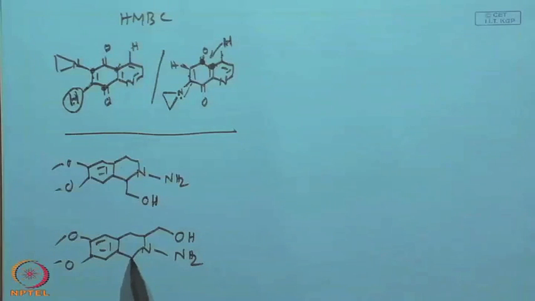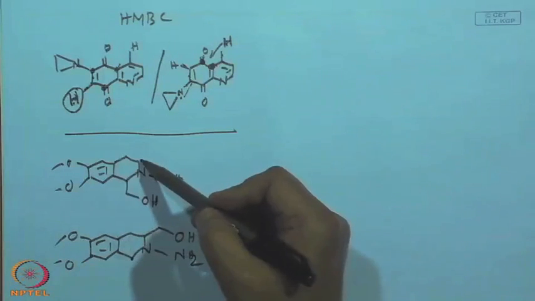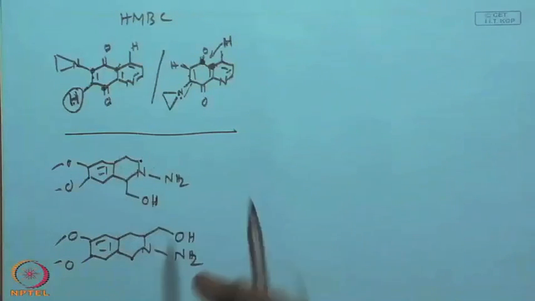Number of benzenic protons here: 2, here also 2, on this side also. Benzylic will be marginally different, will have a little difference.